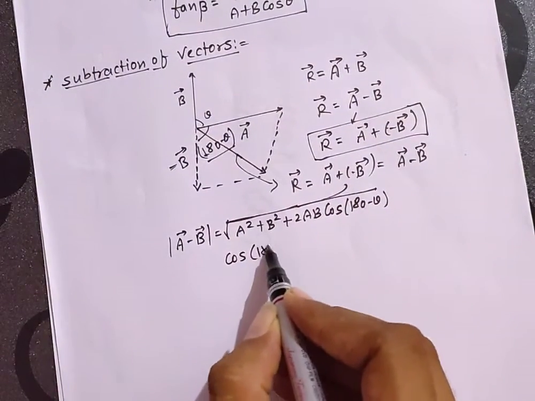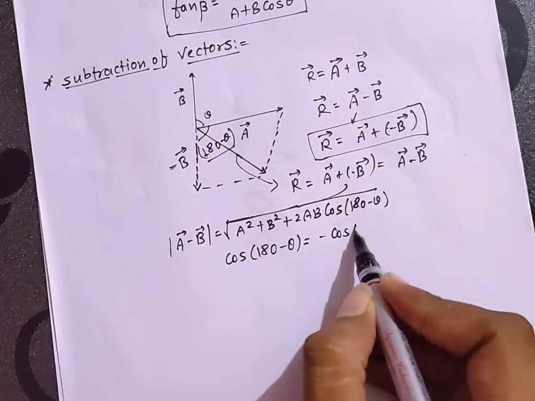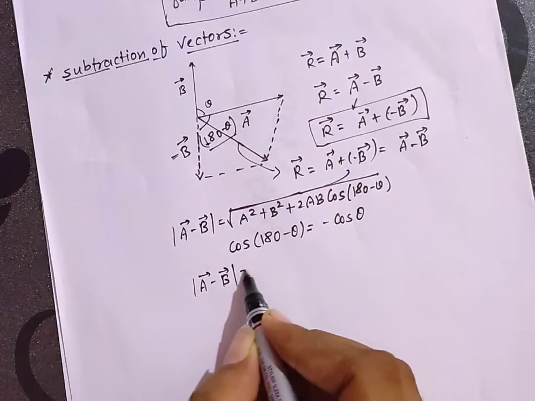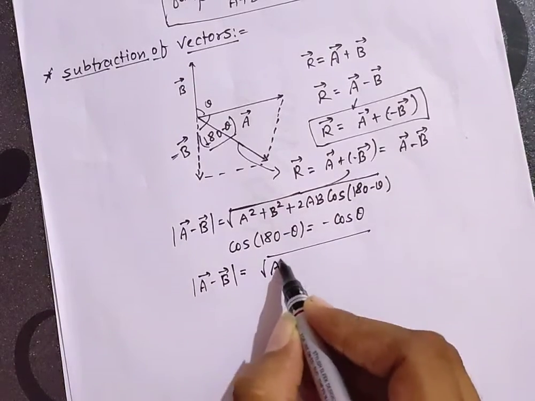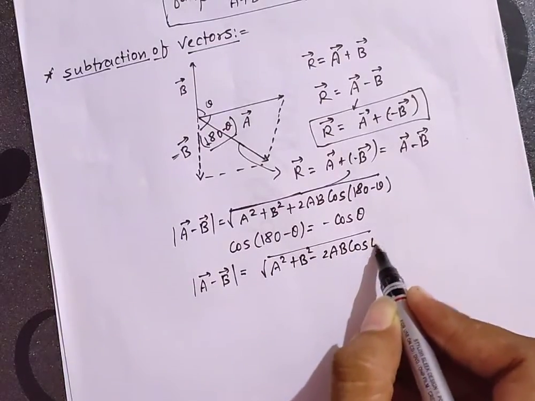Cos 180 minus theta is equal to minus of cos theta. So the magnitude of A minus B is equal to root of A square plus B square minus 2AB cos theta.